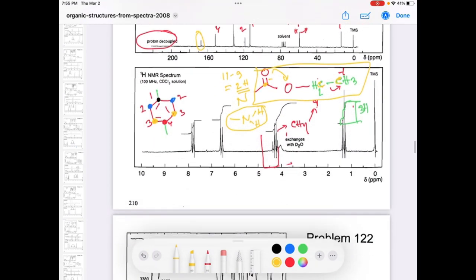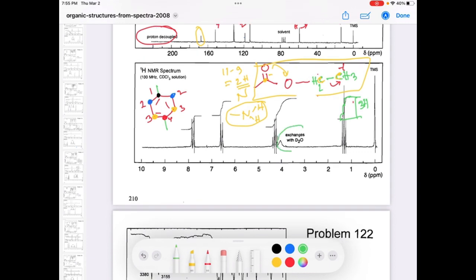Okay, and there is another thing. Now you can see here that one of your peaks shows exchange with deuterium oxide. So this broad peak exchanging with deuterium oxide is also proof of a couple of things. It could be OH, or it could be carboxylic acid, and finally it could be amine.